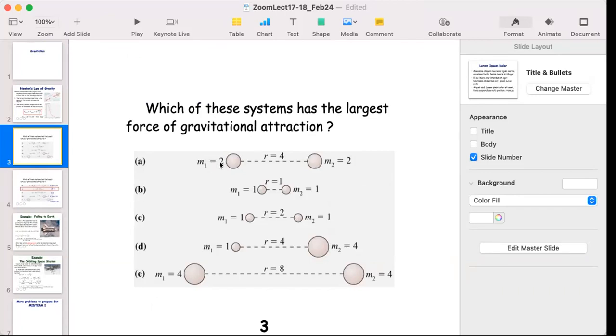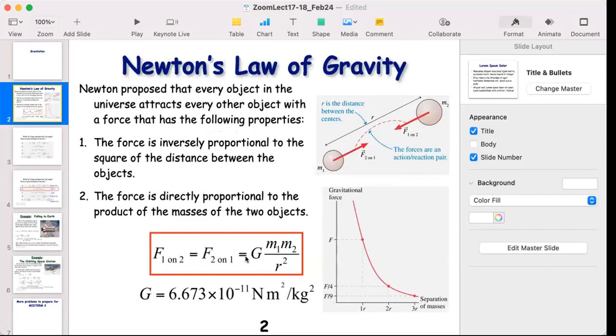So imagine that here we have M1 and M2 with a certain value. You see for all these cases, A, B, C, D, E, we have different values of M1 and M2 and different radius. So here what you need to consider is what we said before, meaning that the force is directly proportional to M1 and M2, and is inversely proportional to the square of the distance.